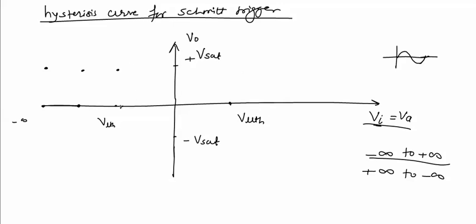Now, when we cross this point, there will be no effect on the output because VLTH is not the valid value of Vb at this time, because at this time Vb is VUTH. Now if we increase beyond VLTH, again comparison will give output equal to plus Vsat.